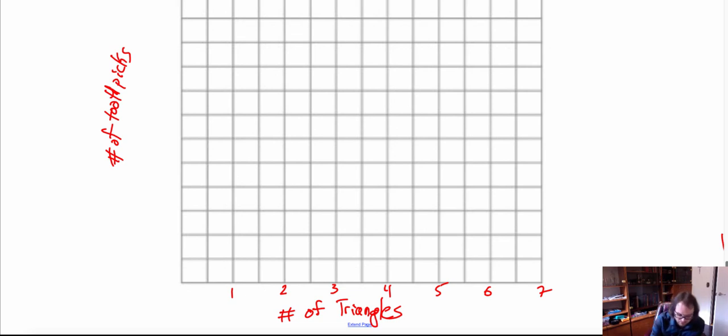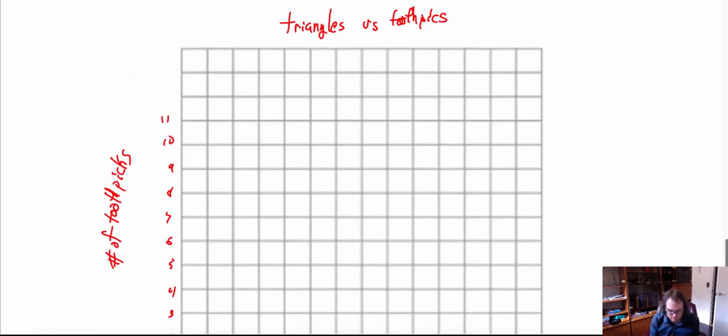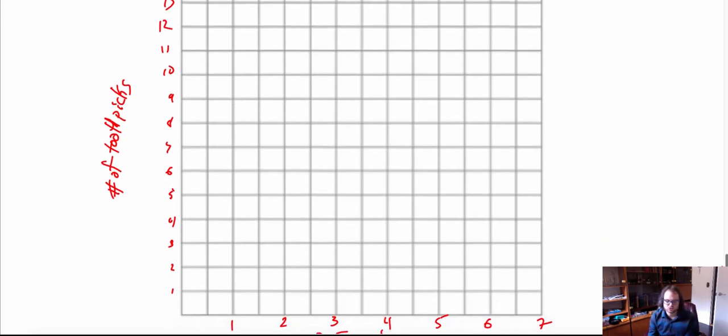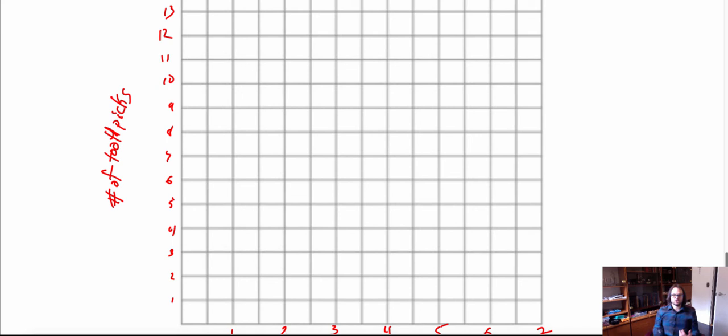So I'm just going to count these all by 1: 1, 2, 3, 4, 5, 6, 7, 8, 9, 10, 11, 12, 13. Now we're not going to make those breaks to shorten these because we're trying to figure out the relationship of the linear equation. So we're just going to keep these continuous.